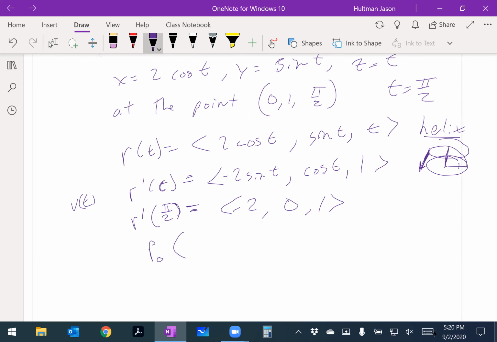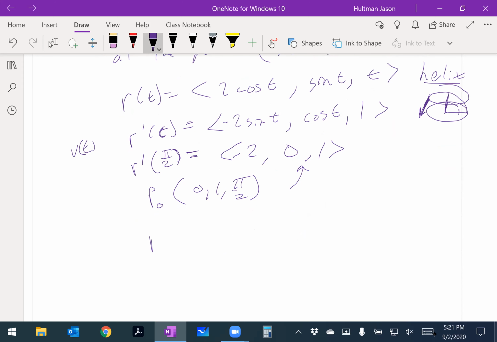Isn't this occurring at the point 0, 1, and pi over 2? So we have a point and we have a vector. How did we get the equation of a line when we had a point and a vector? Wasn't the equation r equals r naught plus vt? You remember that? Does that make sense?